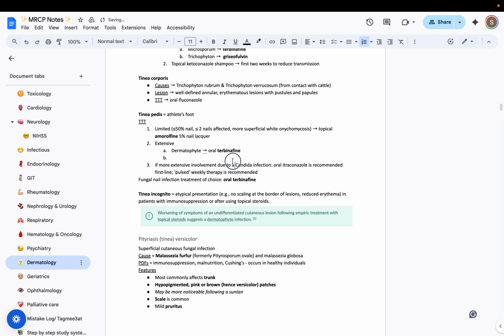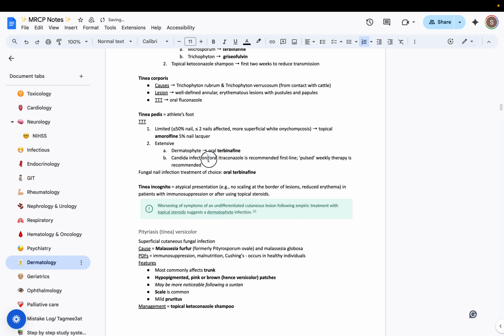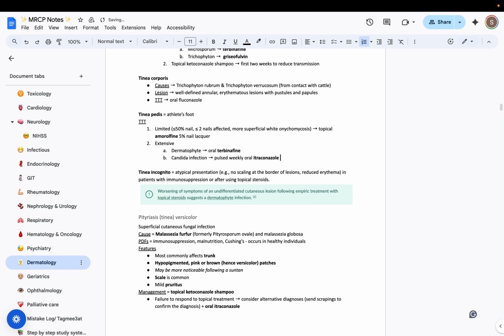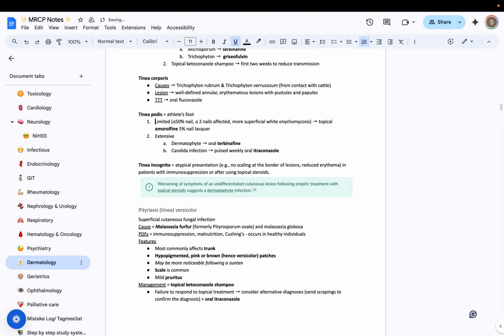If it's candida, you give pulsed weekly oral itraconazole. That's how you treat. Okay, so it was oversimplified. Now it's better. So tinea pedis, if it's limited, you give topical amorolfine. If it's extensive, then you have to do nail scrapings, and you can give terbinafine if it's dermatophyte, or itraconazole if it's candida.